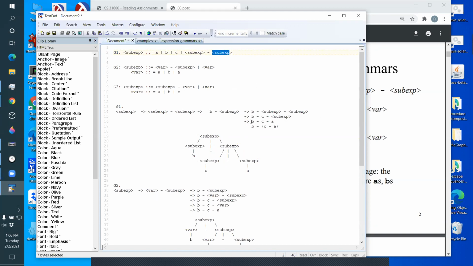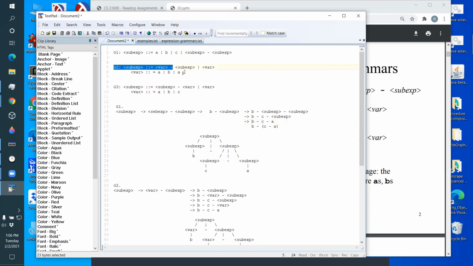So if you look at this guy, you could think of that sub-expression as the one on the left, or you could think of that as the one on the right. So the grammar is ambiguous and it lets you group either way.